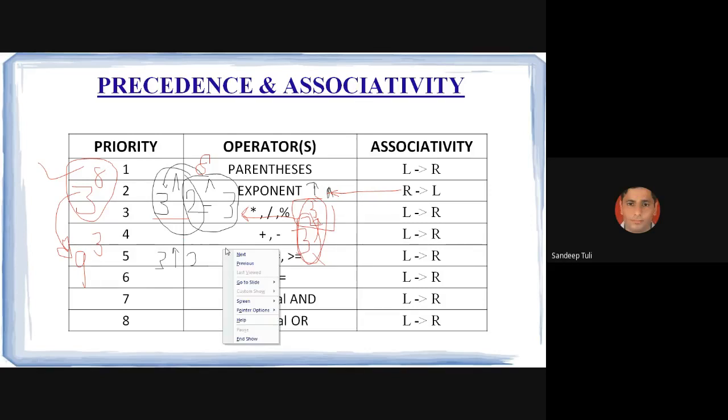Okay. The next one is multiply, plus, and divide. What does it mean? It will be left or right associative.